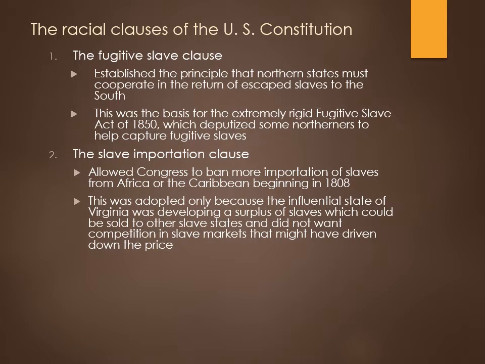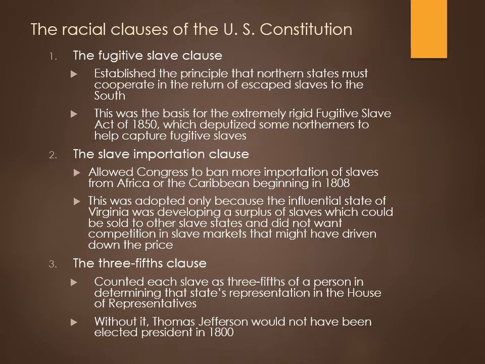Now, the third place where slavery shows up in the Constitution is in the 3/5 Clause. And as we'll see in the next slide, this affects us right down to the present day. The 3/5 Clause counted each slave as 3/5 of a person in determining how many members of the House of Representatives that state would have.